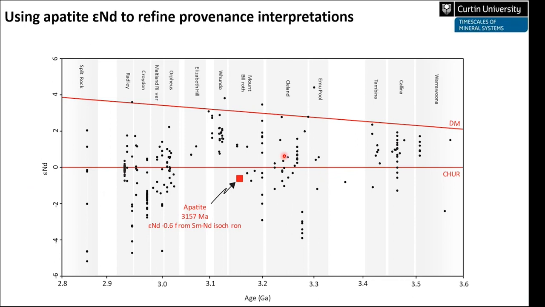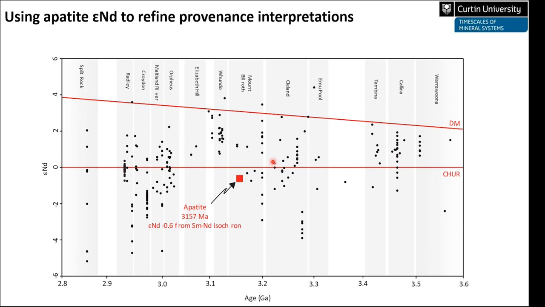We can also use the initial ratio of neodymium we obtained to refine our provenance interpretations for detrital apatite. So the red overlaid square here is derived from the initial neodymium ratio obtained for the entire detrital apatite population. And these black spots are whole rock neodymium analyses collected from the crystalline basement lithologies of the Pilbara Craton from the survey.